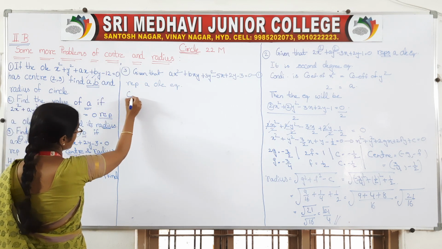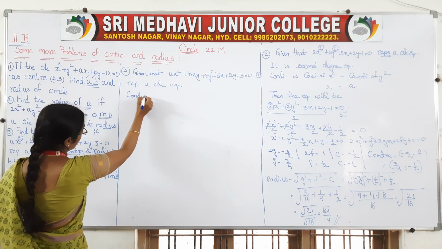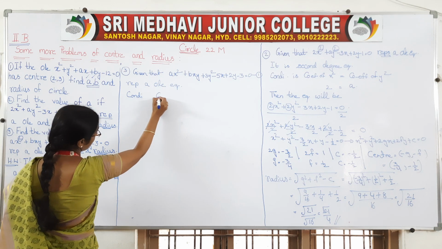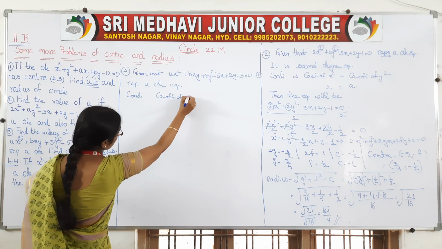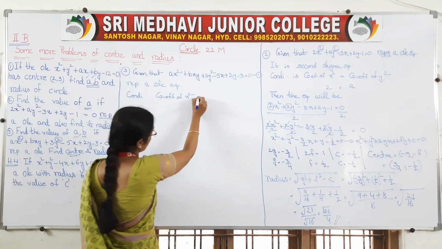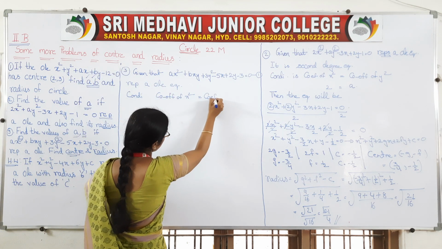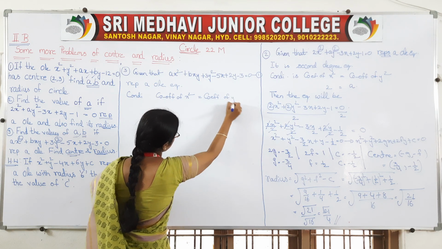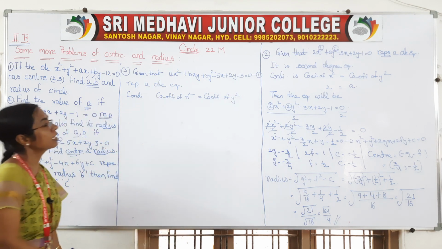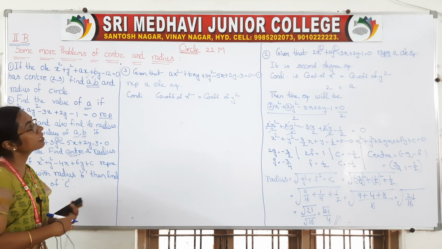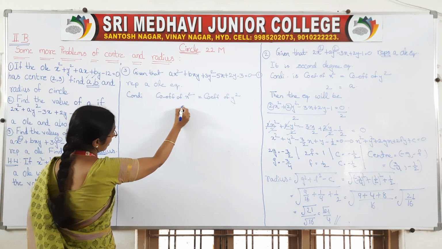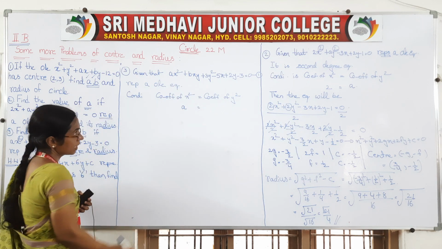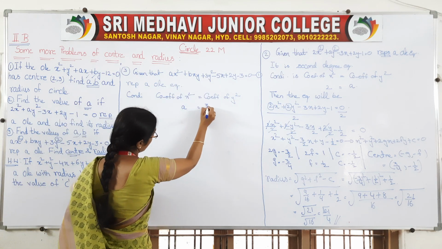So what is the condition? The first condition is that the coefficient of x square must be equal to the coefficient of y square. Coefficient means multiple. The coefficient of x square is a, and the coefficient of y square is 3.